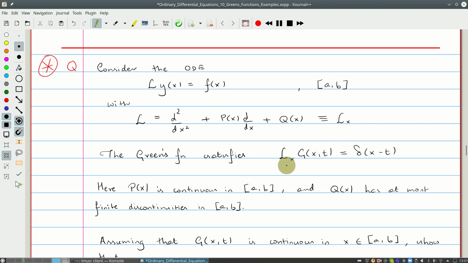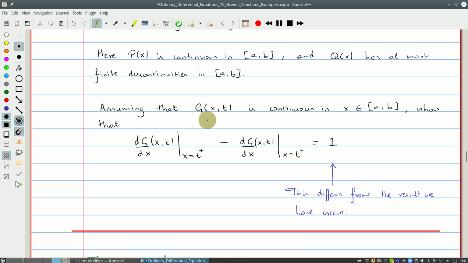So the Green's function again satisfies the standard relation. We assume that function p is continuous in a to b, and q has at the most finite discontinuities in a to b. And assuming that g is continuous in a to b, show that the derivative discontinuity condition is now given like this.